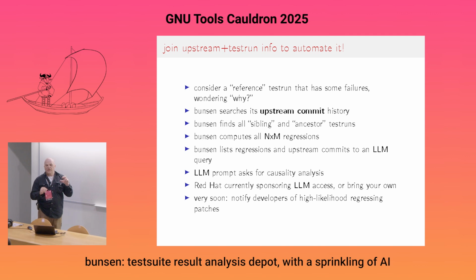Because now Bunsen can check out that tree, find the commit history for that tree, and find out all the patches that went into that tree in the recent past. With that, it can find all the other tests that were run somewhere in the recent history of that tree. And there could be multiple of them because they're all the different architectures, all the different compilers. So it can find historical builds that might be several patches away. It can find other builds of the exact same version, which is normal because we test GCC on 10 architectures.